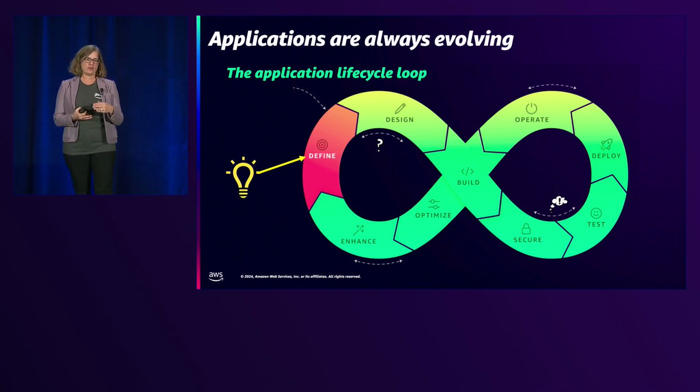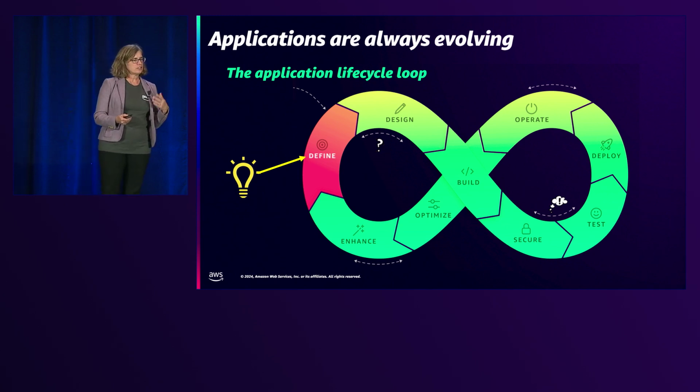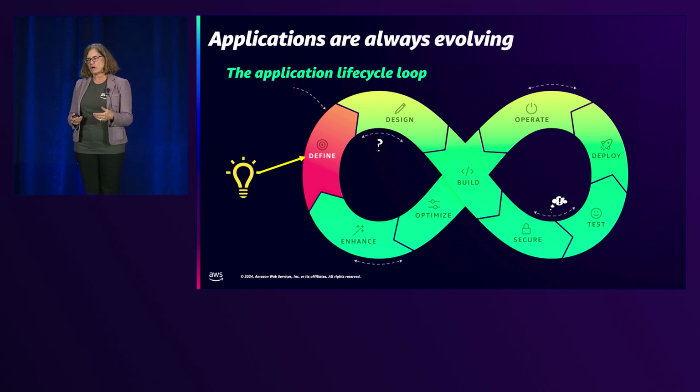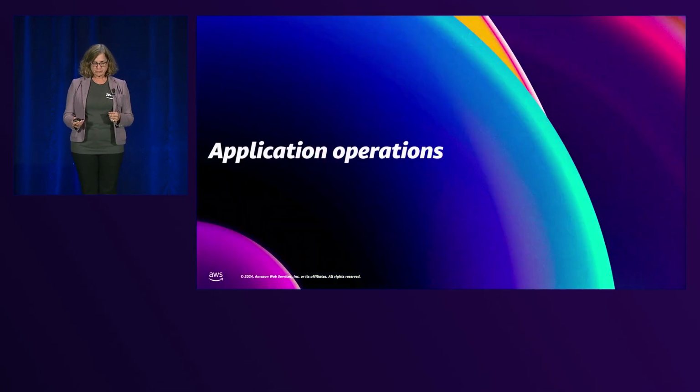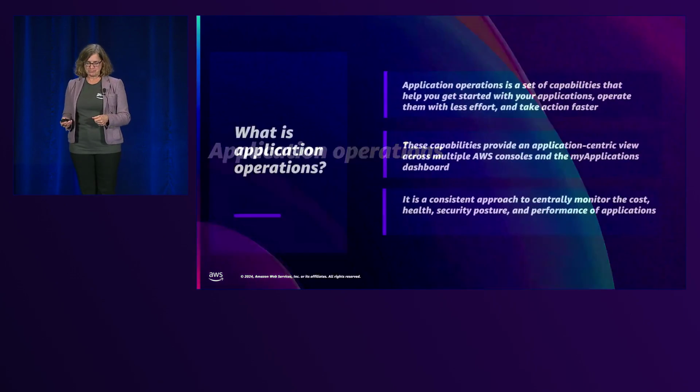And as your application evolves over time, the complexity of operating and managing that application increases over time. So even with tags and resource groups, we actually really need to think about what is that right construct to be able to define your application once on AWS and use it across many, many services. This is where application operations comes in.